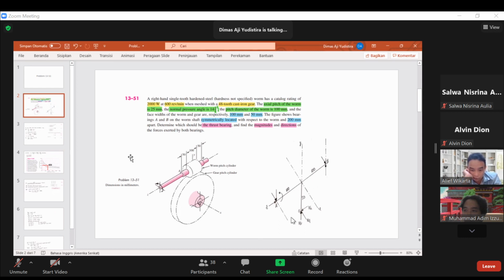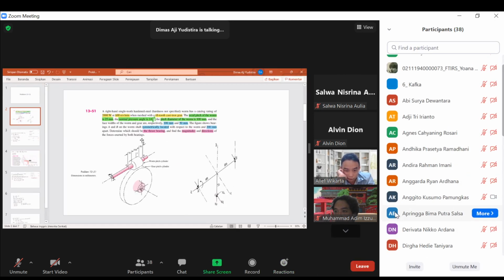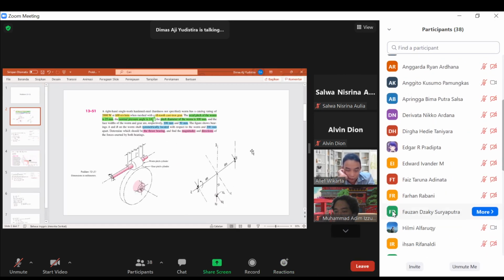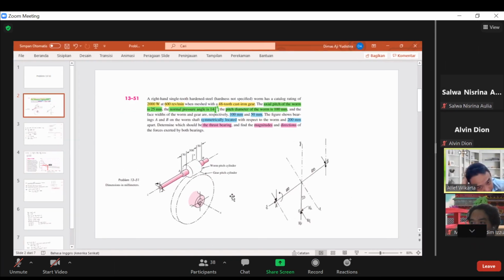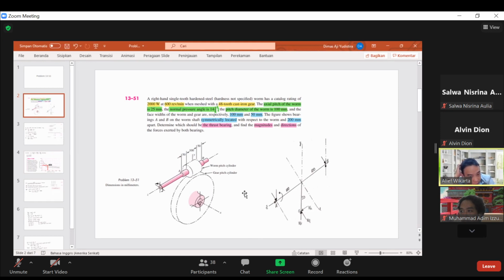And the problem needs to find the thrust bearing, the magnitude, and the direction of the force exerted by both bearings. So the first question is the location of thrust bearing, ya Mas. Yes sir.